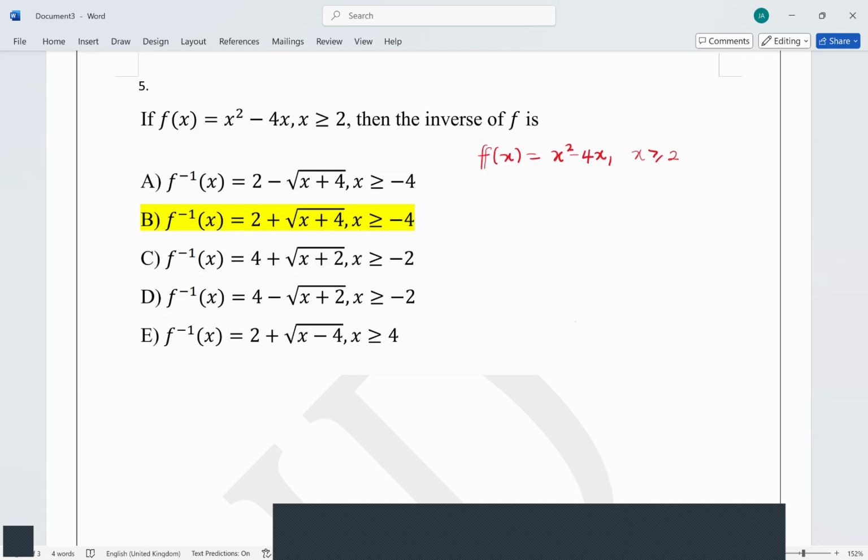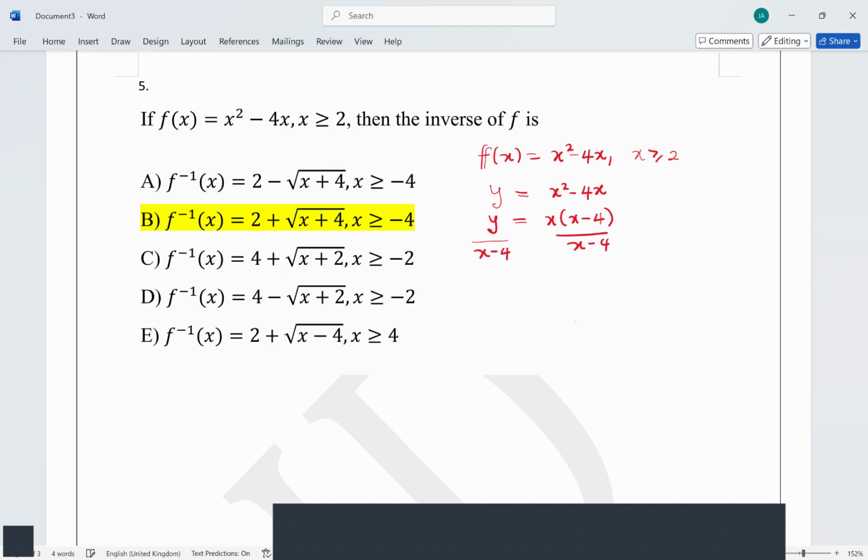Now with this, we have to set y to be equal to x squared minus 4x, and we try to solve for x. Now in this case, if you try to take x as a common factor, it means that you can now divide both sides by x minus 4.